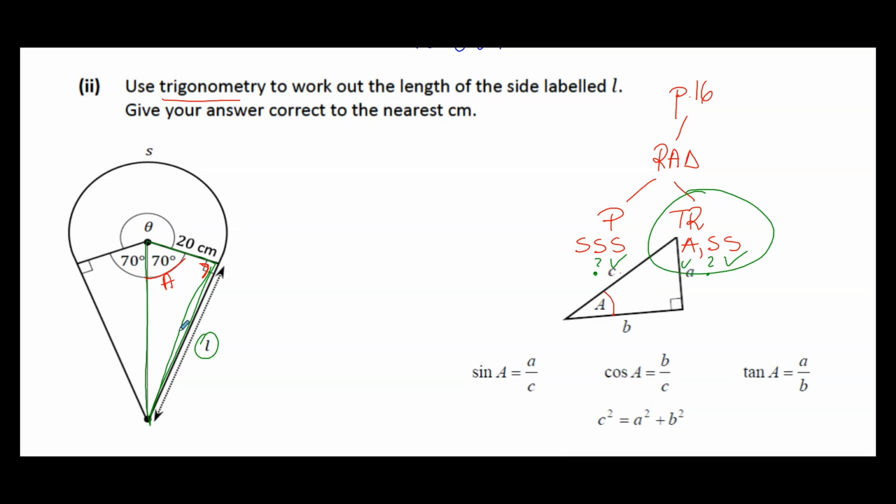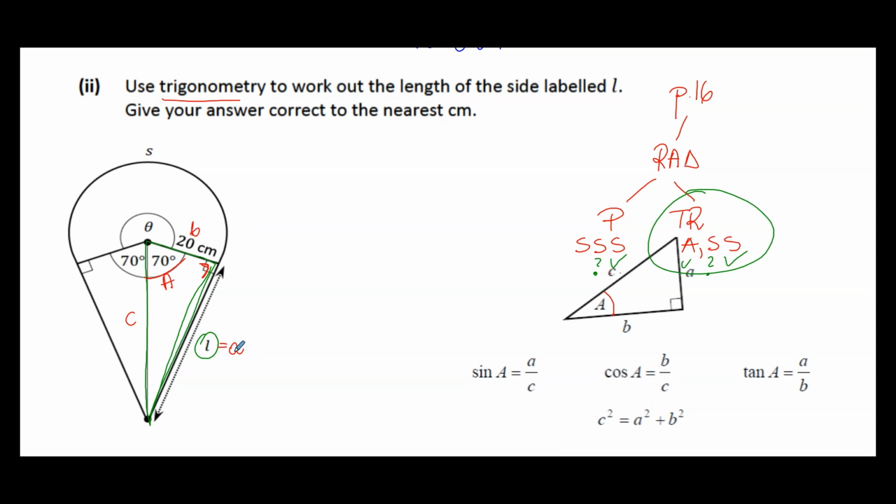That means opposite that A will be the side a. Then the next reference point is the right angle, and the side opposite the right angle is C. So this is where we have our right angle, and the side opposite is this one, so that is C. That is leaving us with the last one, B, so that is my B.